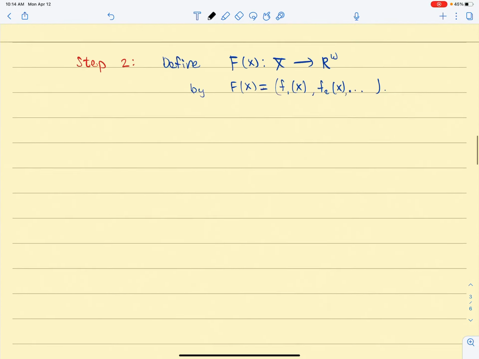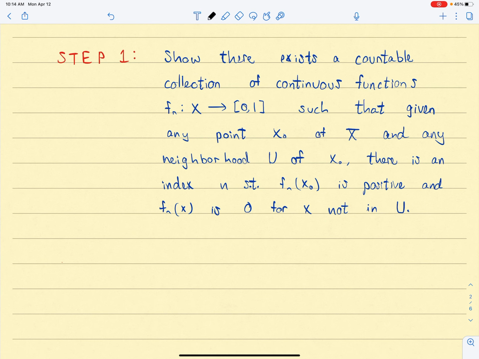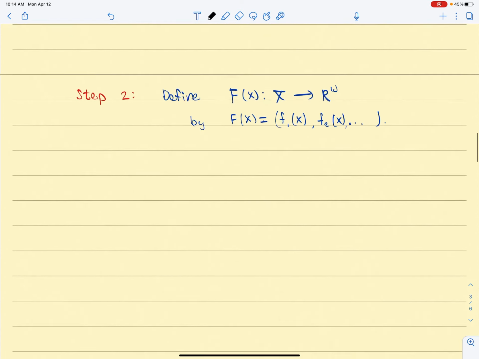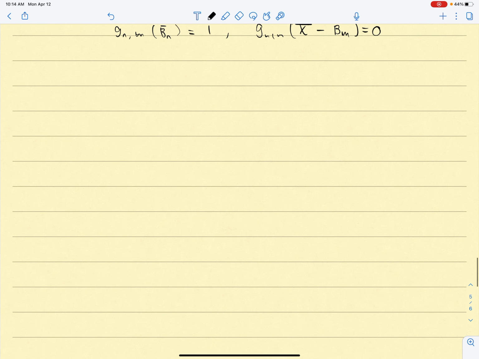If we go back to our requirements of what this collection of functions has to do, it has to be that given any point x naught of X and any neighborhood U of x naught, there is an index n such that Fn of x naught is positive and Fn of x is 0 for x outside of U. Okay, so I'm going to go through, given an arbitrary point x naught and an arbitrary neighborhood U of x naught, what it would look like, and basically show the proof visually.